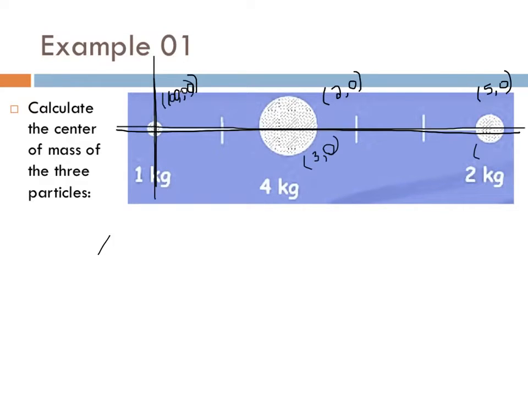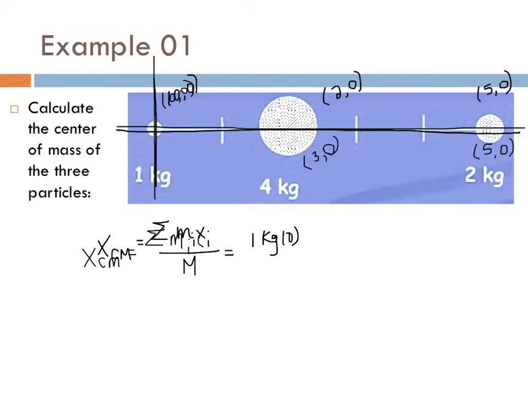To calculate the total center of mass, we need the sum of the mass times its x position, all over the total mass. For the first object, my position was 0. For the second object, my position was 2. And for the third object, my position is 5.